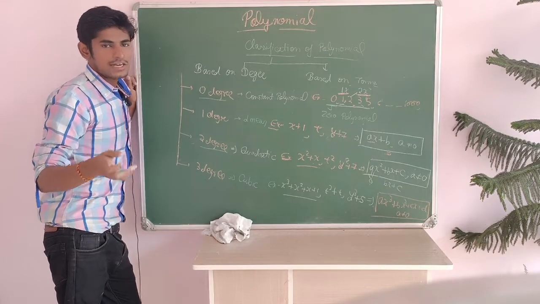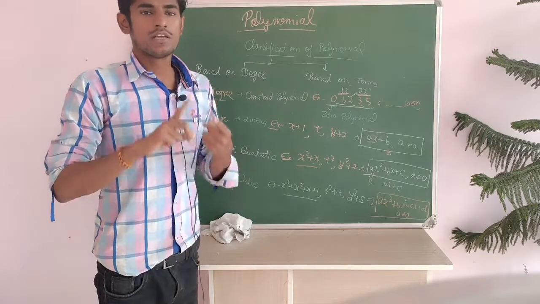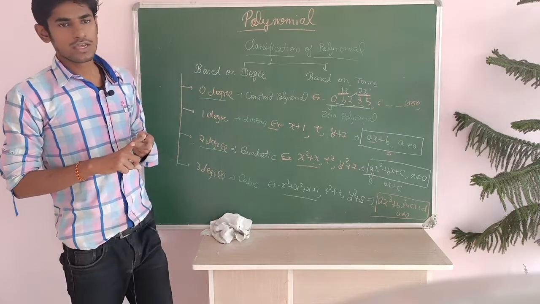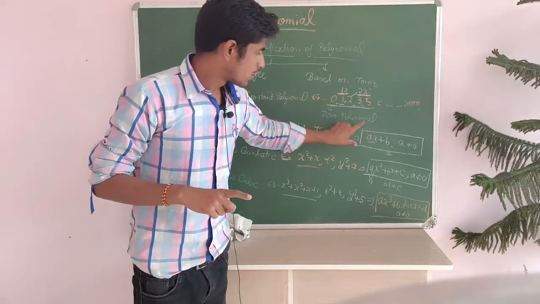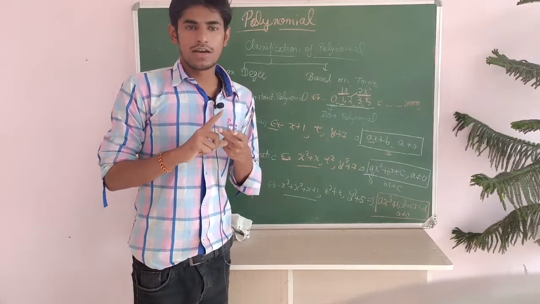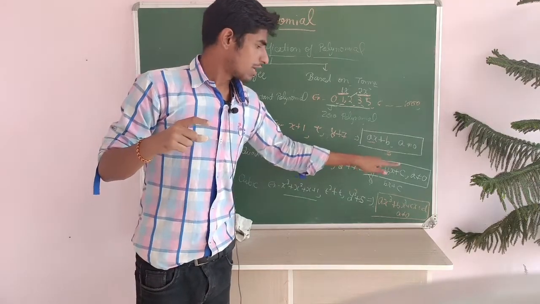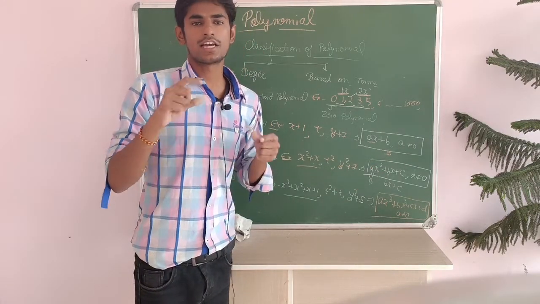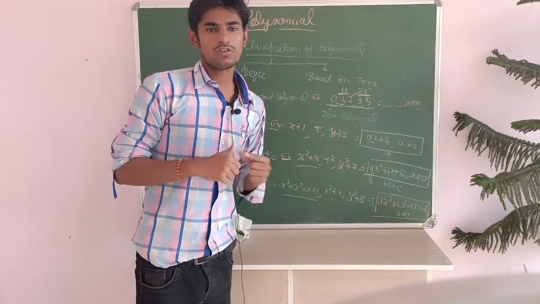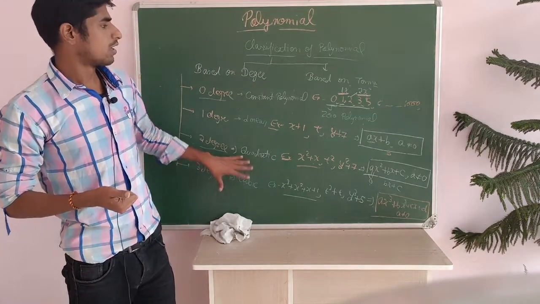And the general term of linear is ax plus b, where a not equal to 0, quadratic is ax square plus bx plus c, where a not equal to 0, and the general term of cubic is ax cube plus bx square plus cx plus d, where a not equal to 0. So this is the classification based on degree.